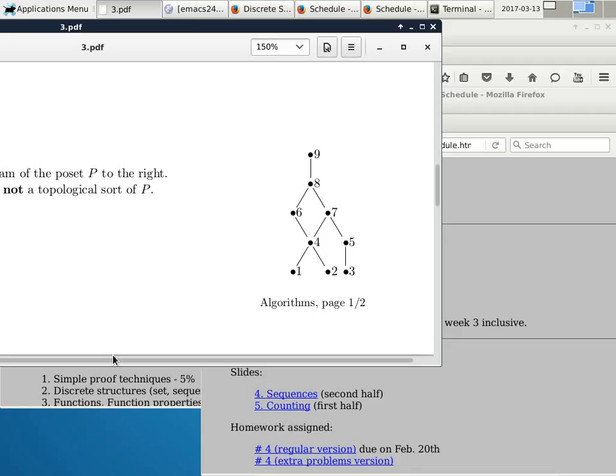So for example, an interesting problem is to see whether a binary relation is transitive. We have a very interesting graph algorithm that tells or checks or constructs the transitive closure of the relation.